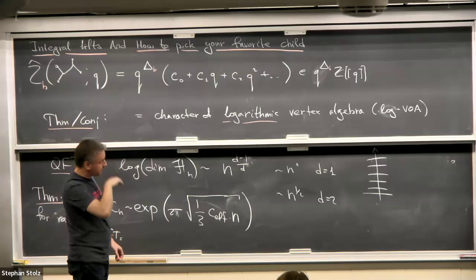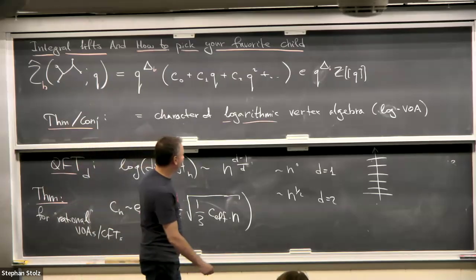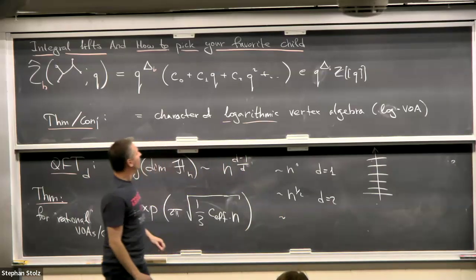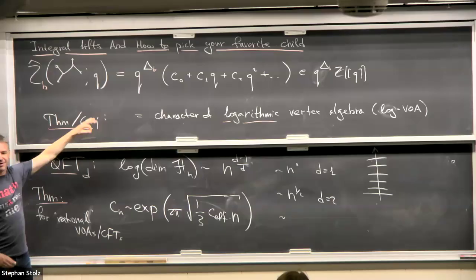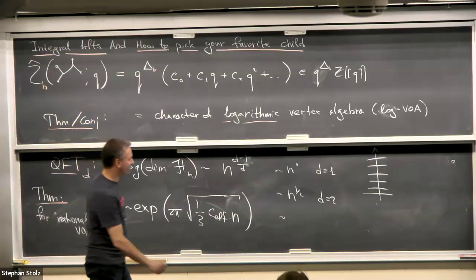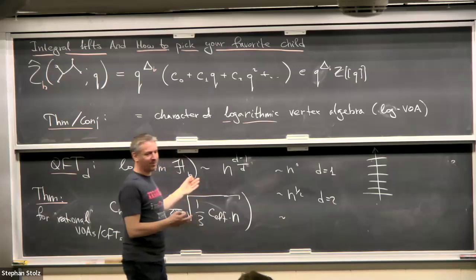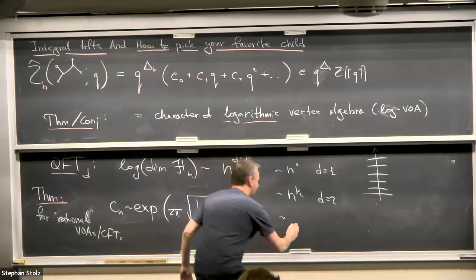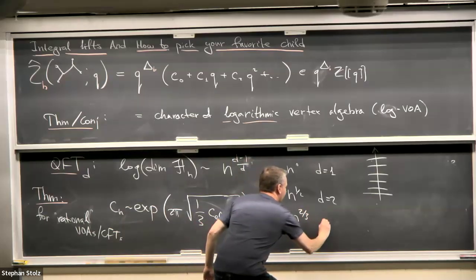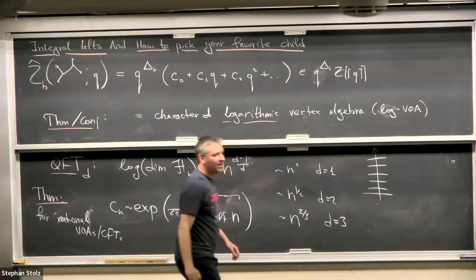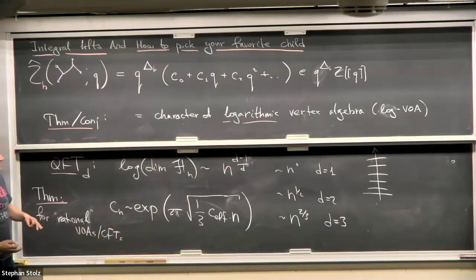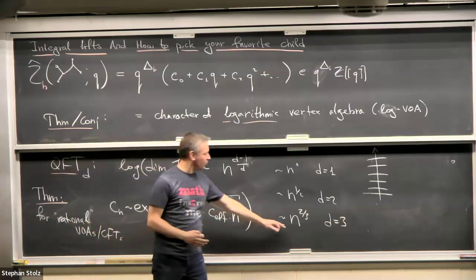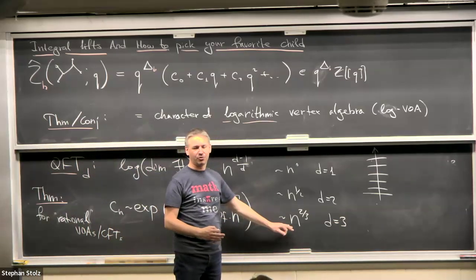Right, if I continue with this formula a little bit further, to d equals 3, because I told you that this originates from some 3D, 2D coupled system, so in particular it has a 3-dimensional QFT in the game. That's why it's a little bit outside of normal mathematics. So this would be 2/3 for d equals 3. And it's true that states in these 2D, 3D coupled systems grow as fast as exponential of n to the 2/3.